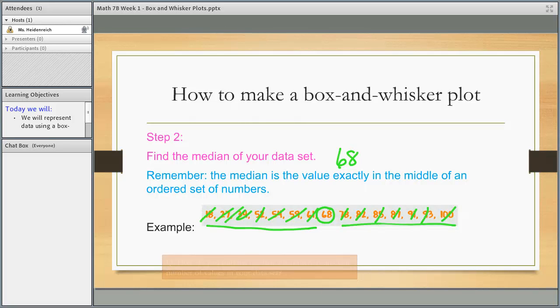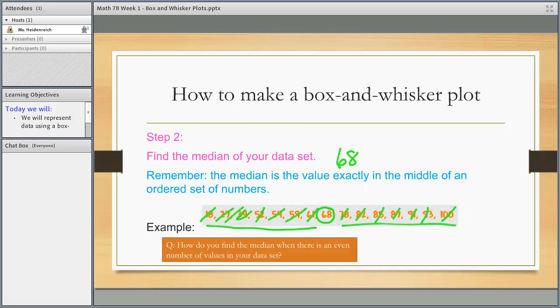But I want to pause here and just ask you, how do you find the median when there is an even number of values in your data set? Because sometimes there's not a clearly defined middle. For example, in this random example I put down here, if we cross off numbers till we get to the middle, we end up with 12 and 15. If we cross those off, there's nothing in between.